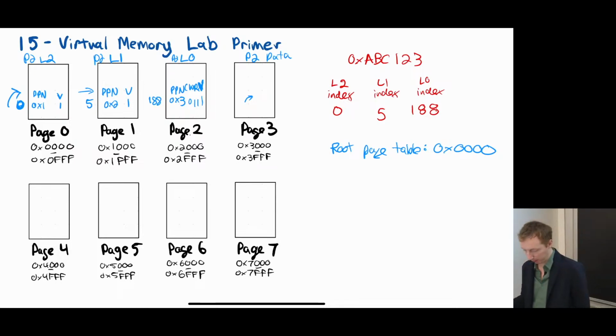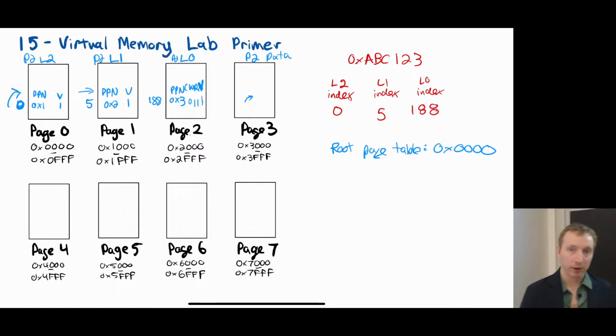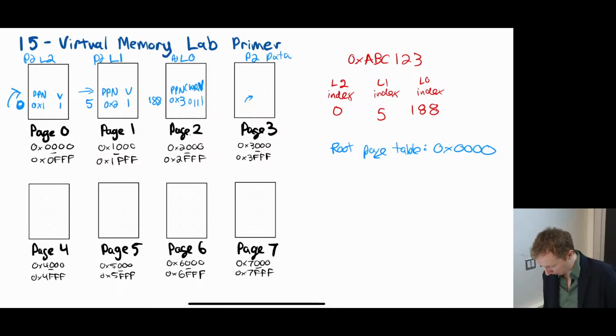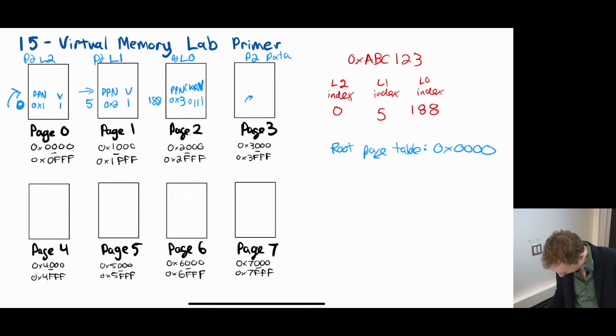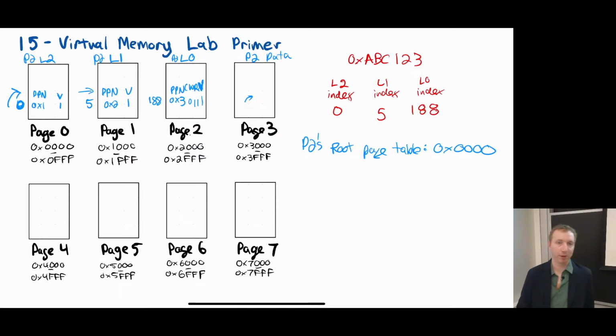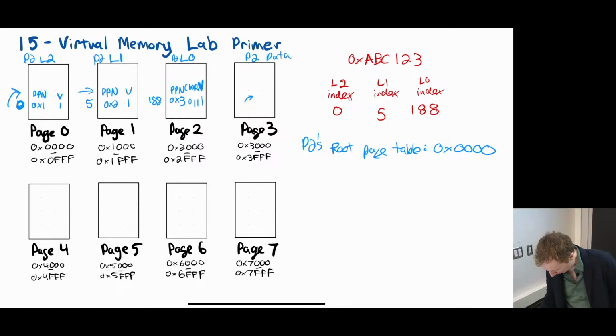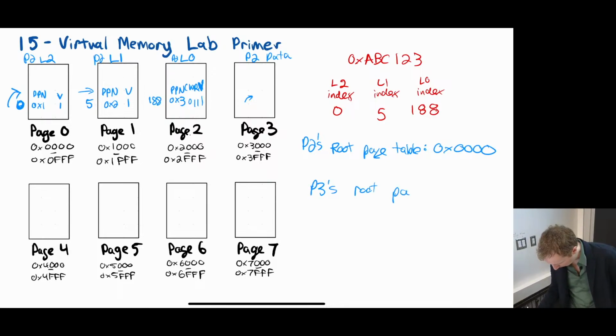So what I did when I forked is, okay, I tried this, and this is P2's root page table. The implementation I had right now just returned the original process's root page table. So in this case, P3's root page table was also 1,000.